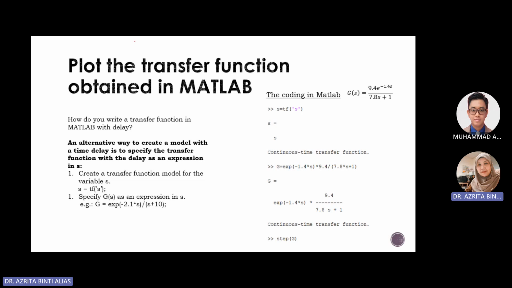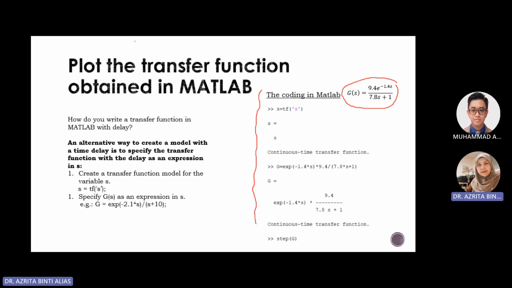This slide will teach you other ways to plot the transfer function. Because our transfer function consists of the exponential term here, we cannot declare the transfer function using the numerator, denominator, and so on. Okay, sebab dia ada exponential.